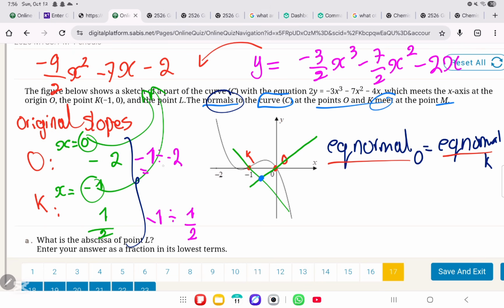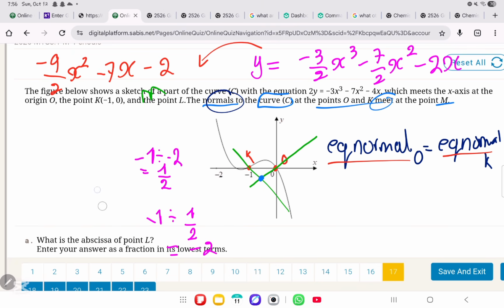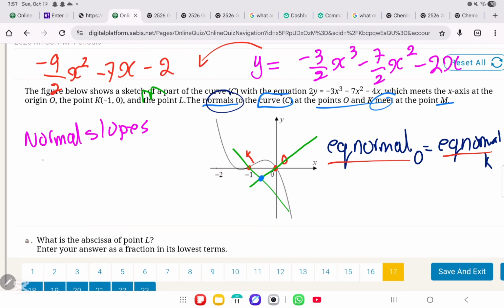You will get this one to be half and this one to be minus 2. So now we have the value of the normal slopes. For O, it is half, and for K, it is minus 2.